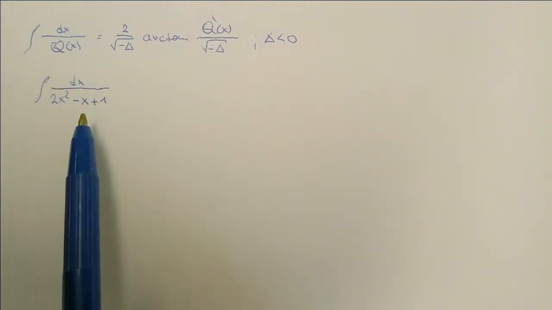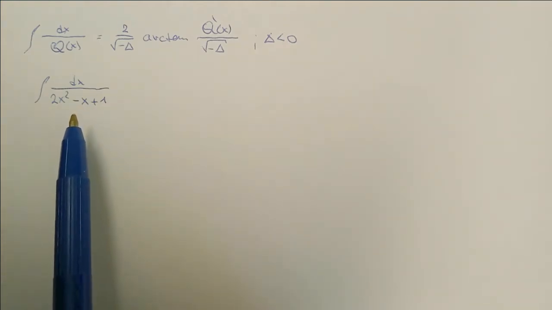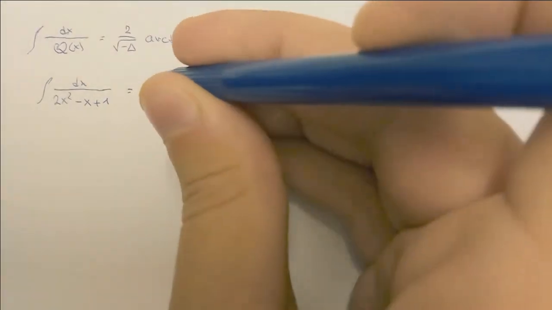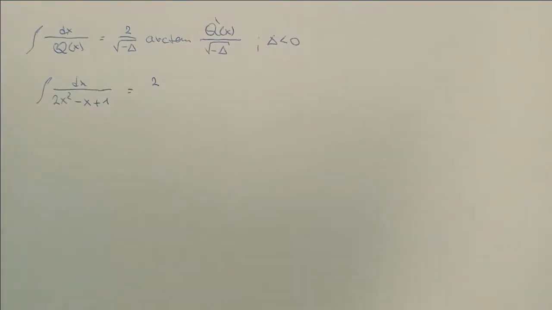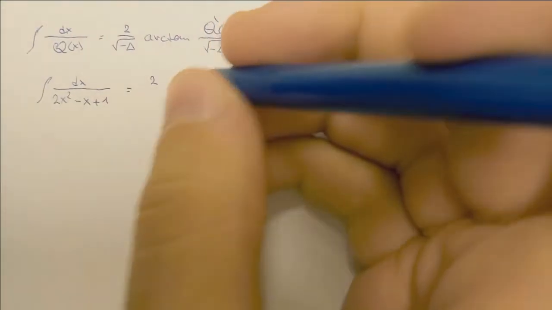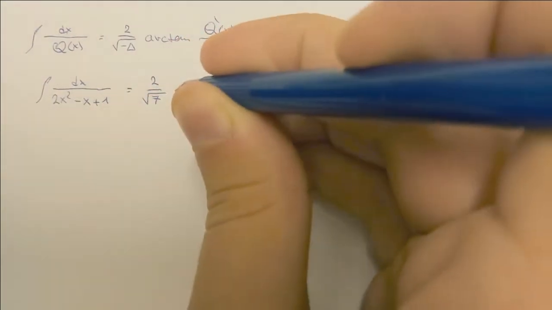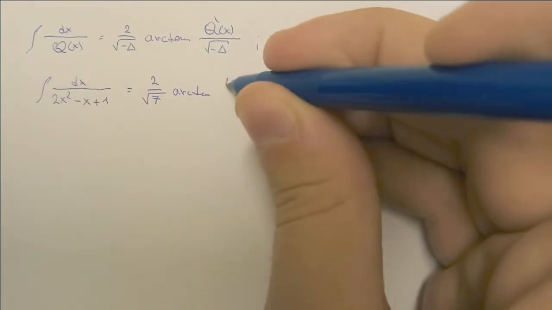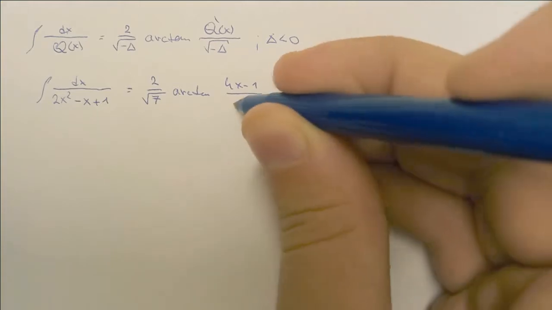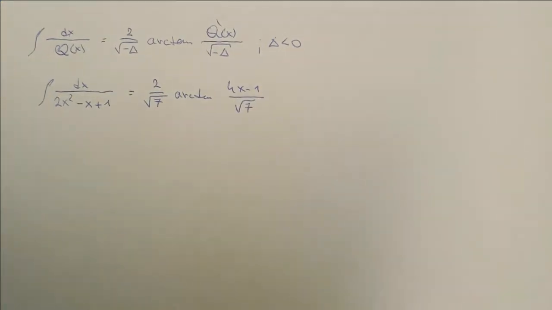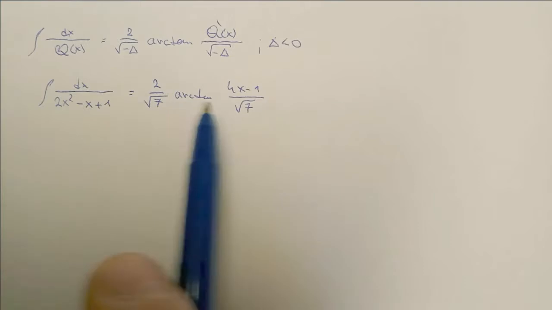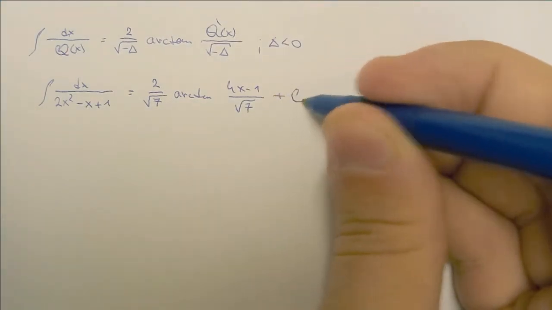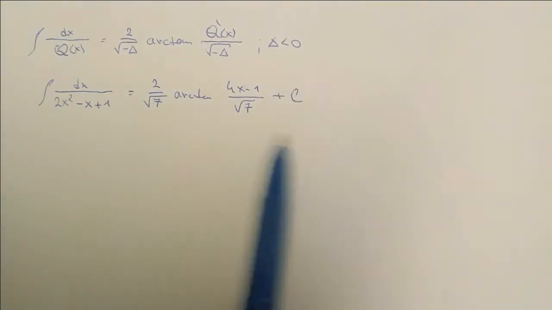So for this integral, for example, it's very easy to show that the answer for this particular example is 2 divided by square root of 7 arcus tangent of (4x minus 1) divided by square root of 7, plus some additional integration constant.